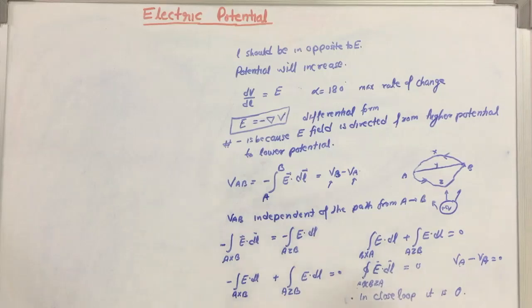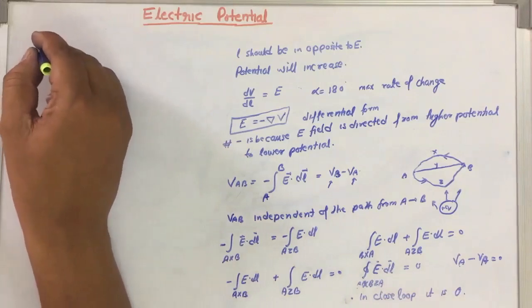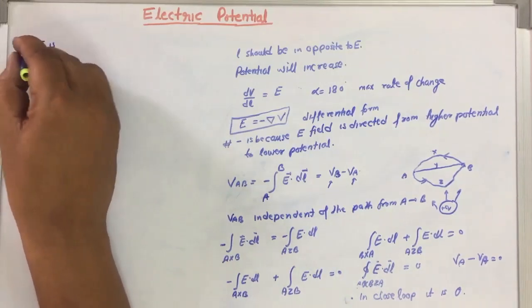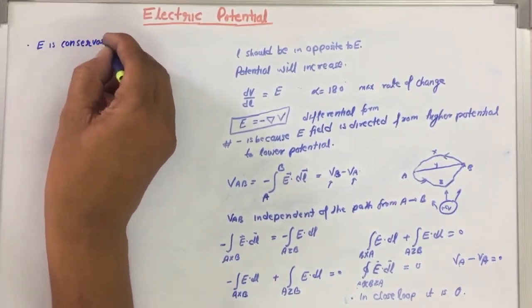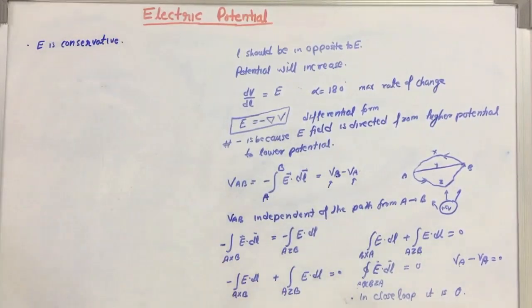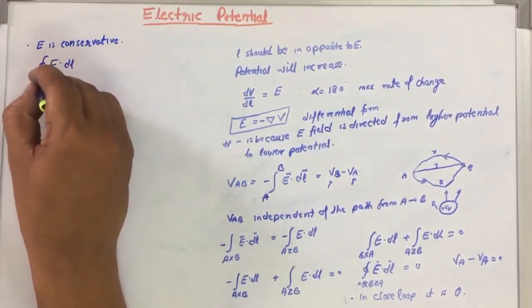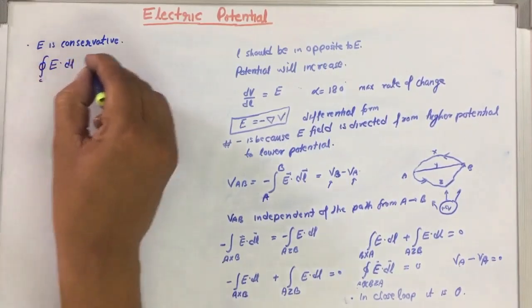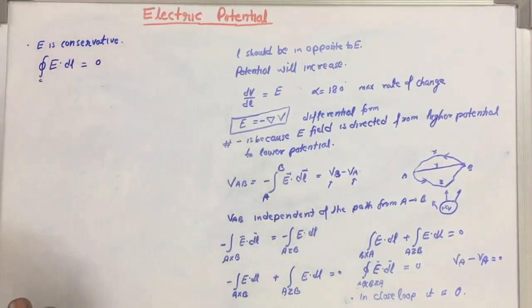It means from here we can say E is conservative. In a closed system it remains conserved. So according to that, E dot dl in a closed loop will be equal to 0.